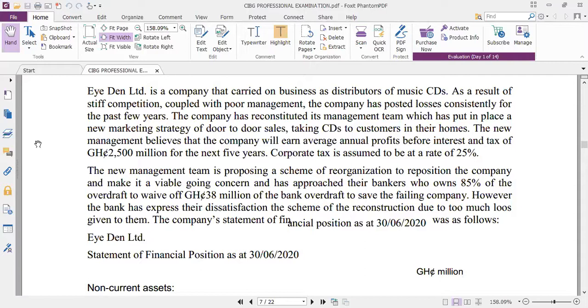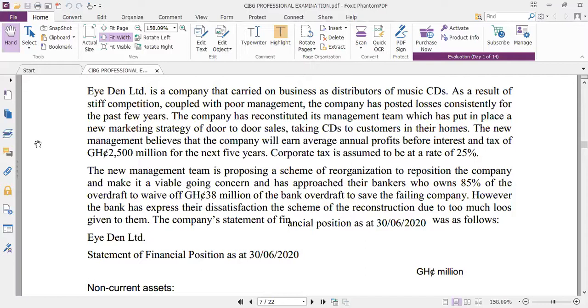We don't need this one. The new management team is proposing a scheme of reorganization to reposition the company and make it a viable going concern, and has approached their bankers, who own 85% of the overdraft, to waive off 38 million of the bank overdraft to save the failing company.